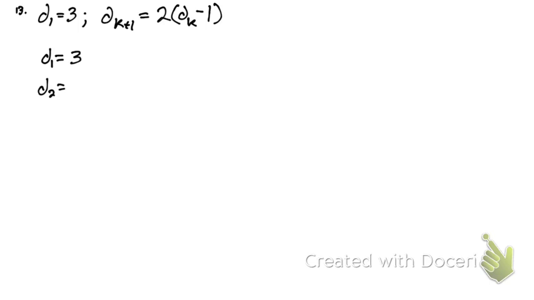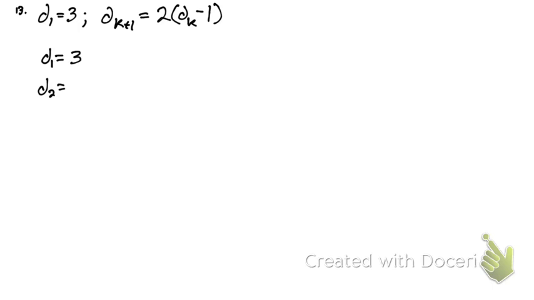Well, if this is the term I'm looking for, k is 1 less than that, because k plus 1 and k are 1 away from each other. This is the exact same thing as if I'd say d sub k, and this is d sub k minus 1. Down here, this is saying the term I want, this is the term right before it.